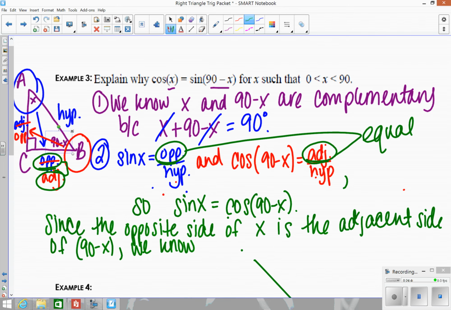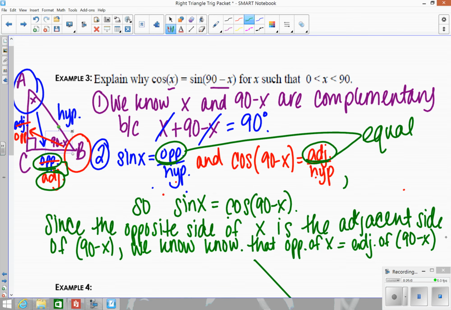I'm going to write it like this: opposite of x equals adjacent of 90 minus x, and sine of x must equal cosine of 90 minus x. So that's the first version of this.